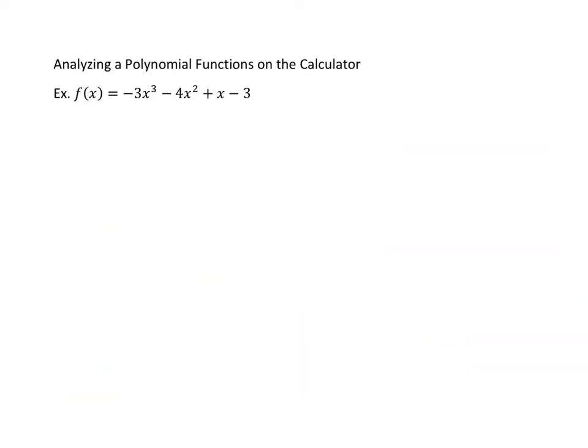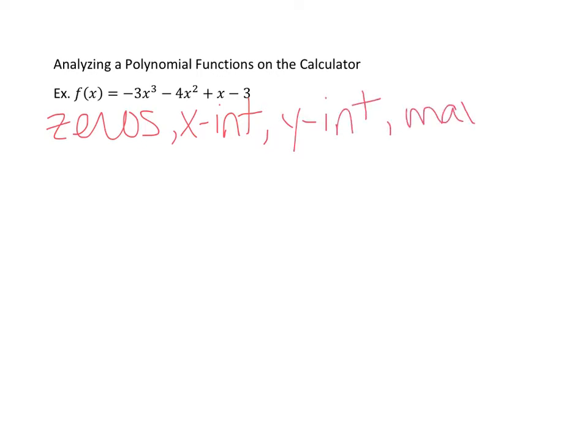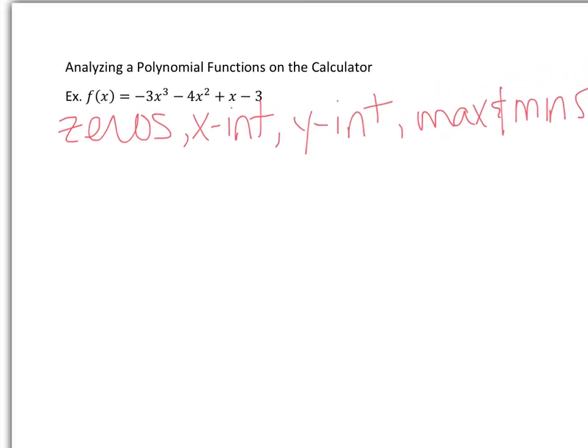When a question asks you to analyze a polynomial function, typically you're wanting to find the zeros, you're wanting to find your x-intercepts, your y-intercept, and your maxes and mins. So we're going to do that all on the calculator. You also want to look at your end behavior.